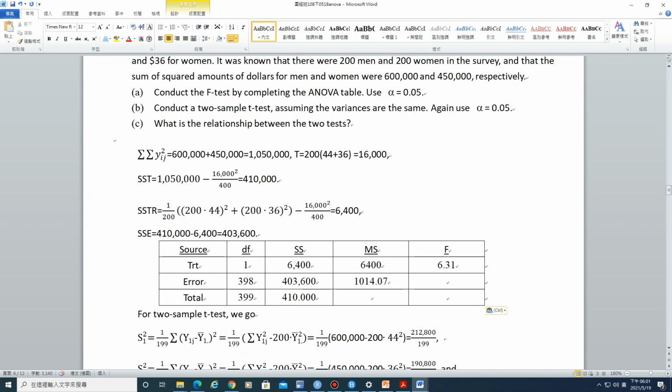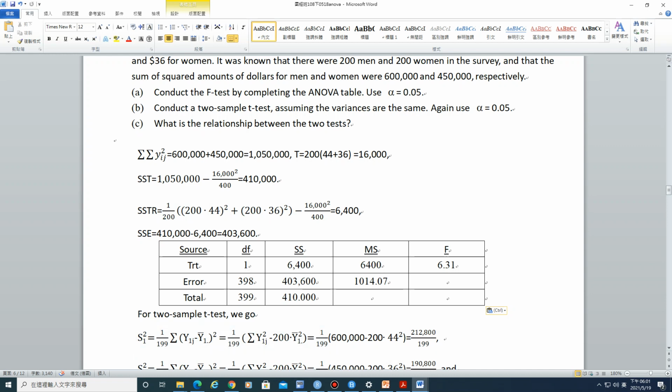There is a one-to-one correspondence between the result of the 2-sample t-test and the Anova. In Anova, we're talking about the F test.